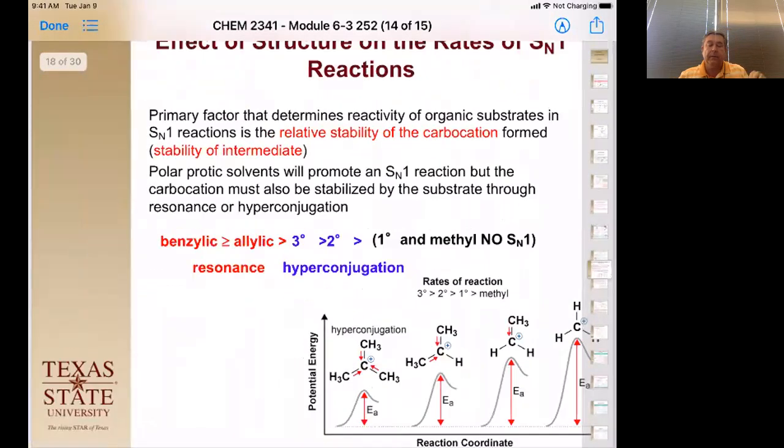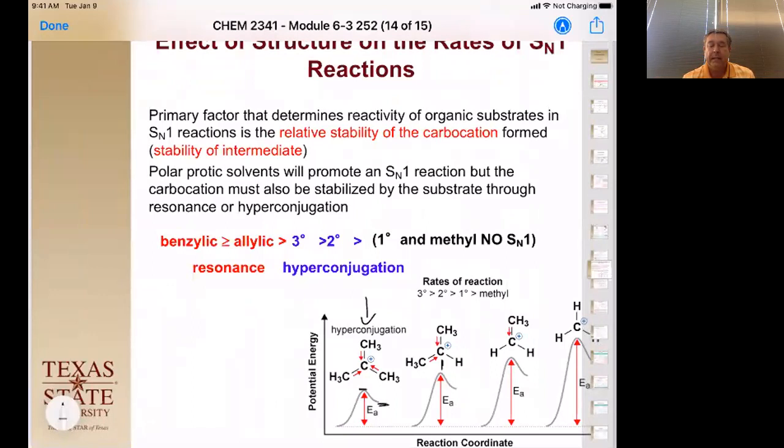So let's talk about the difference in activation energy from the different systems. In the case of primary, secondary, and tertiary, it has everything to do with that hyperconjugation and inductive effect changing the activation energy. Because this is stabilized by those hyperconjugation and inductive effects, it has a lower activation energy to get to that intermediate.